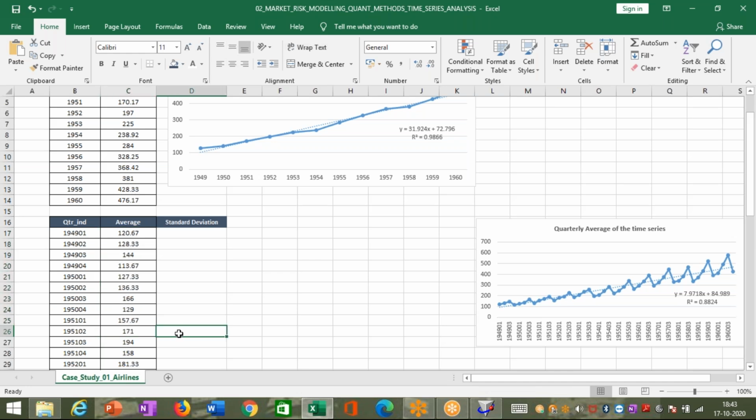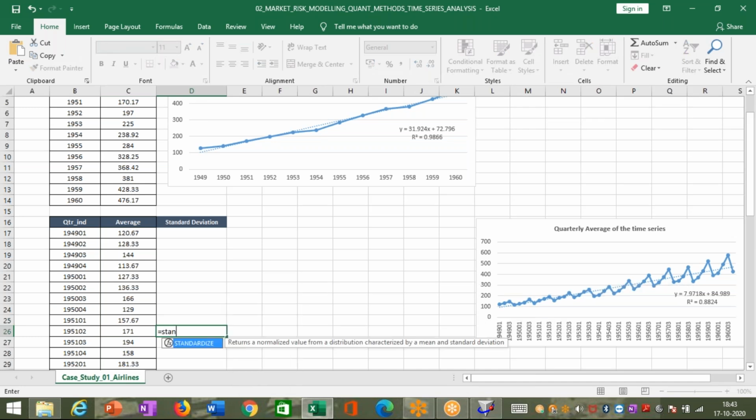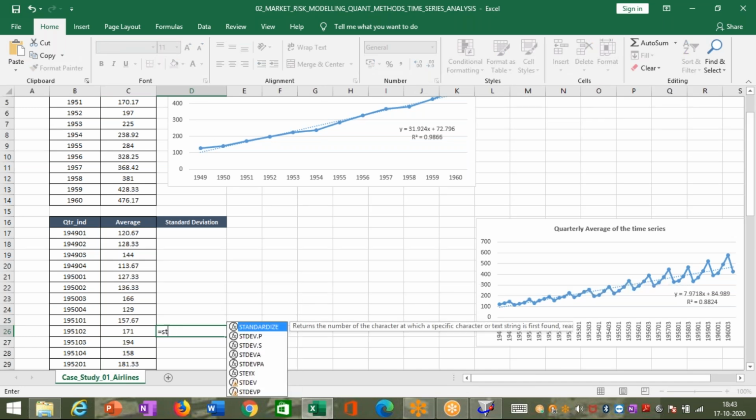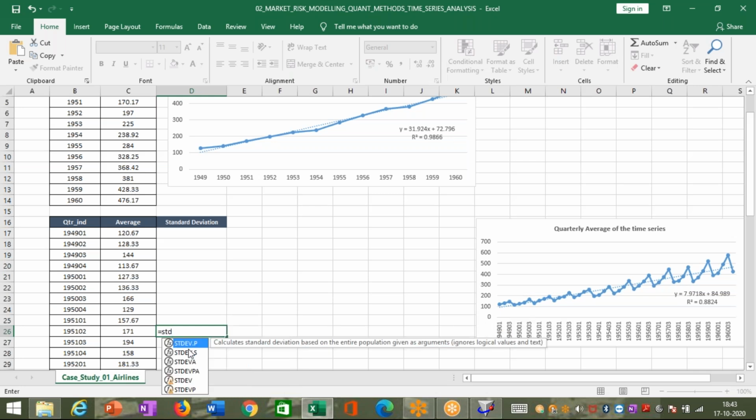I'll take a sample of 10, and I see the standard deviation in each.